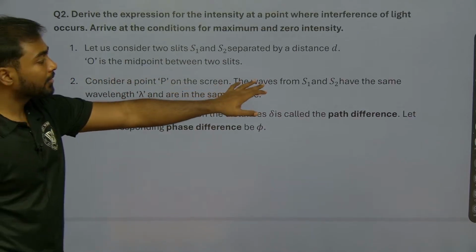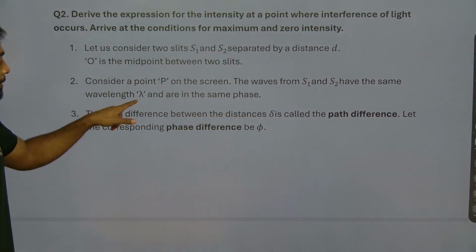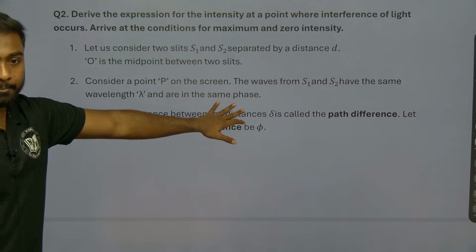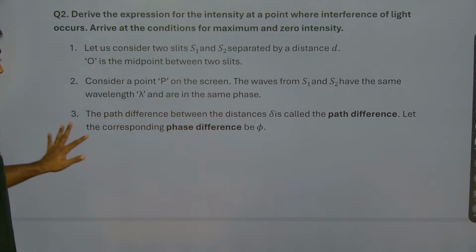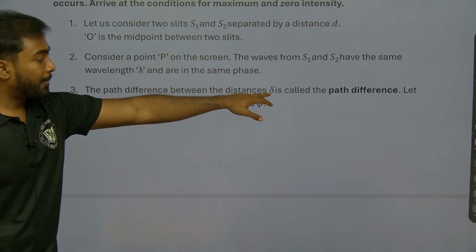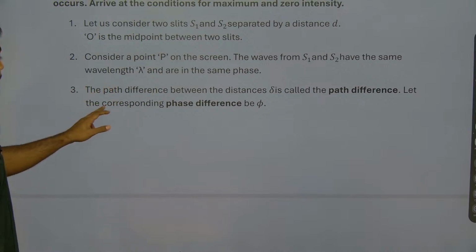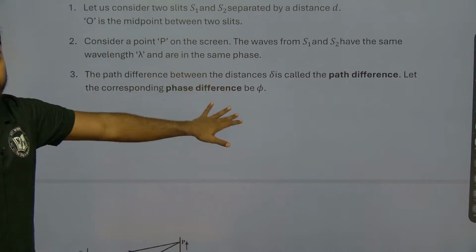The waves from S1 and S2 have the same wavelength lambda and are in the same phase. The difference between the paths, gamma, is called the path difference. Let the corresponding phase difference be phi.